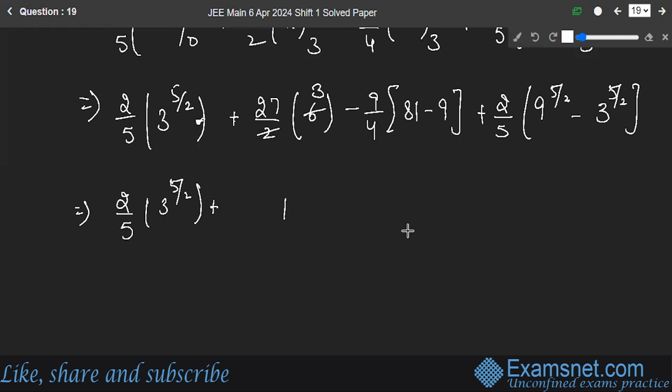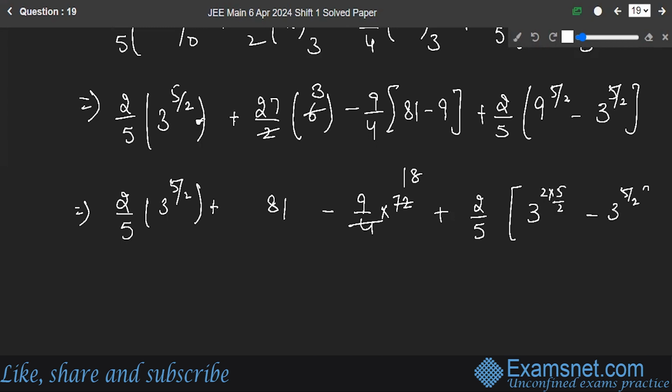And 27 threes are, this is 81. Right. Minus this will be 9 by 4 into 72, which cancels at 180. Okay. Plus 2 by 5 here. And let's segregate. This is 3 power 2 minus this.